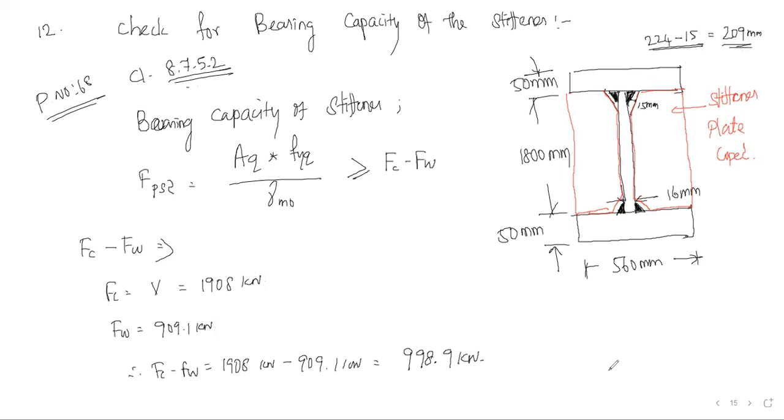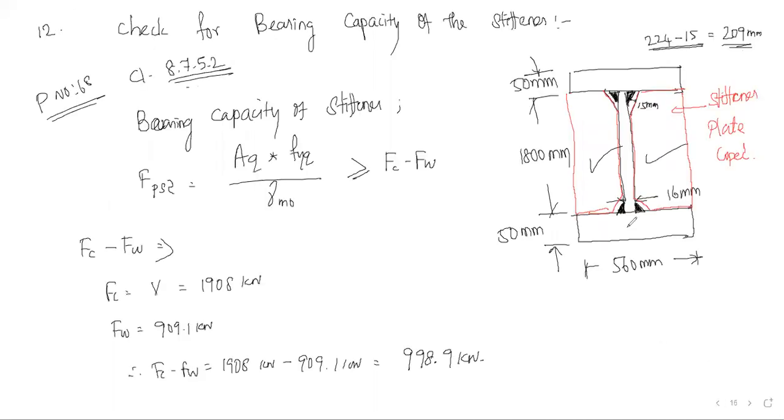So width of bearing is equal to 209 mm. Therefore, area of bearing is equal to this 209 mm multiplied with the thickness of stiffener, that is 16 mm.